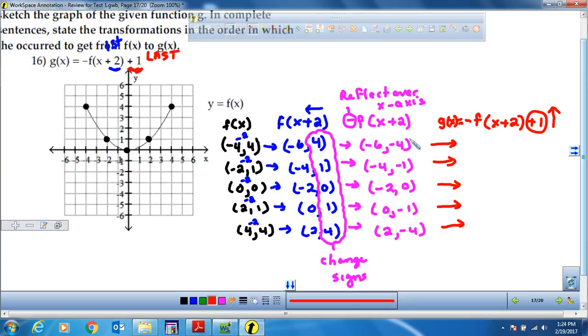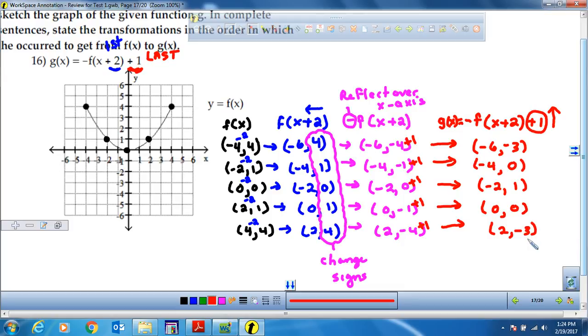When I shift it up 1 unit, all of the y values will be added 1 unit. So if I add the 1 to the y values, then we're going to get (-6, -3), (-4, 0), (-2, 1), (0, 0), and (2, -3).